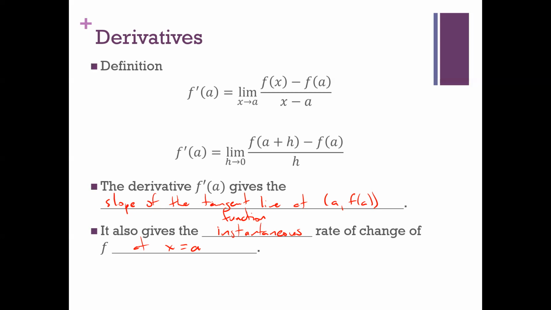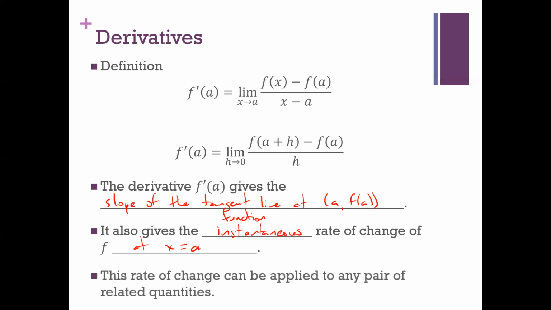And I recognize this is one of those things where you might not even know what questions to ask until we get a little deeper. This rate of change can be applied to any pair of related quantities. A really common one, especially considering most of you are engineering majors, is wanting to know the rate of change of something over time: the speed of something, the acceleration of something, the flow rate of water through a pipe or electric current through a wire, things like that.